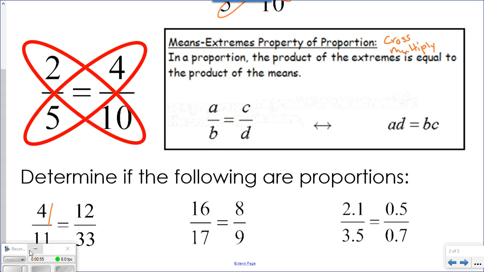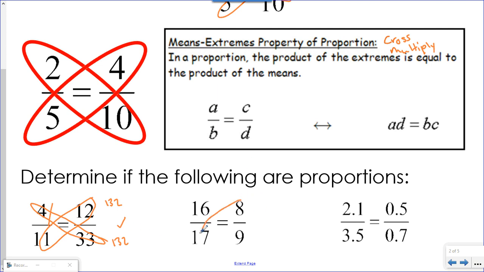So if I look at each of these ratios, we want to figure out whether they're proportions. If we do 4 times 33, that's going to give us 132. And if we do 12 times 11, that's also going to give us 132. So we know that this is a proportion. If we check the next one, we're going to do 8 times 17, which is 136.